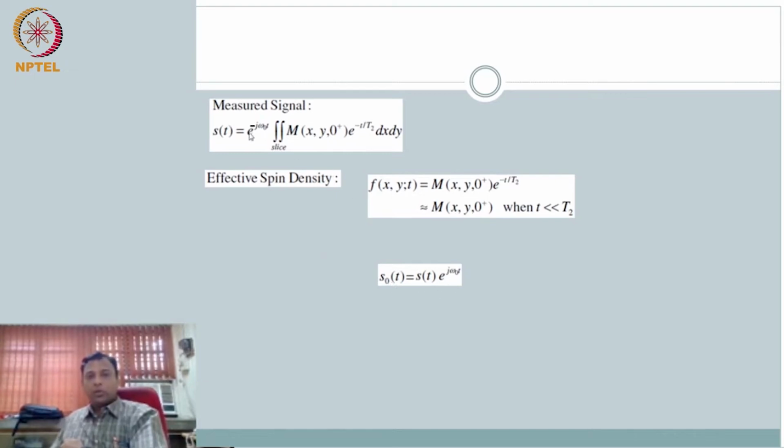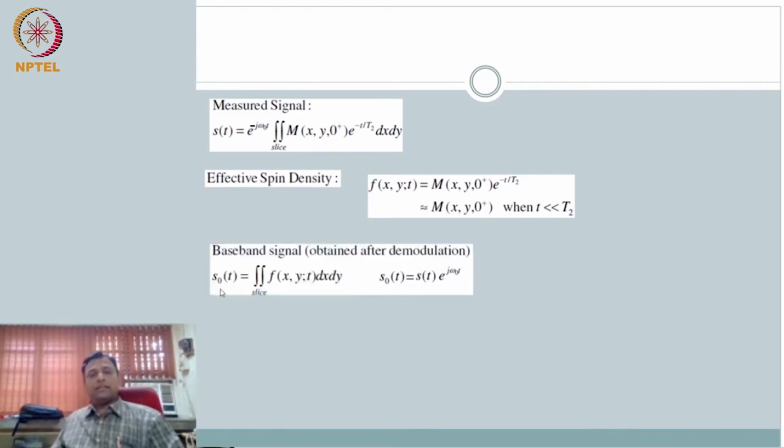So essentially you're removing the omega naught, or you're demodulating it, so you have only baseband. We'll manipulate this and call this the baseband signal that we are going to play with. The baseband signal is nothing but the integral of f of xy dx dy. Okay, so we'll interpret this baseband signal going forward.